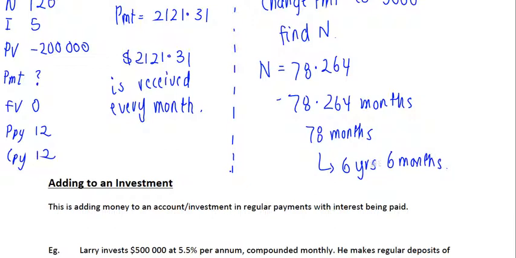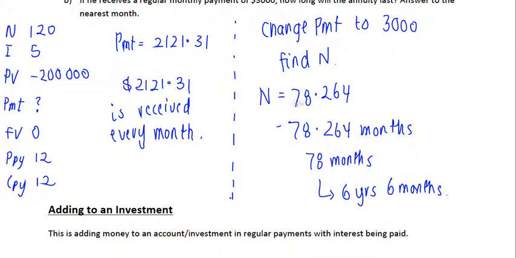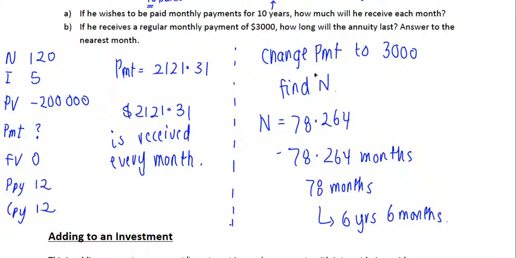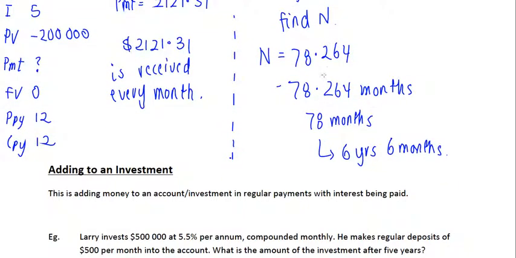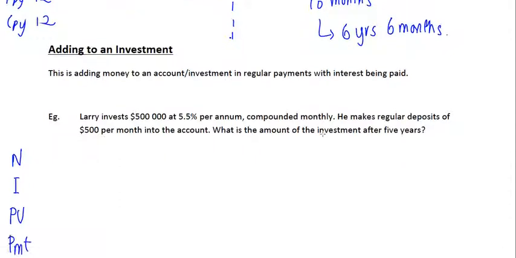Only do that if you are asked to do that. If I was actually asked how many payments, it's 78 payments, but there's a little bit left over. So really he'd be receiving sort of 79 payments altogether, but that last one's not going to be as big. When it says here to answer to the nearest month, you can round your N value appropriately.